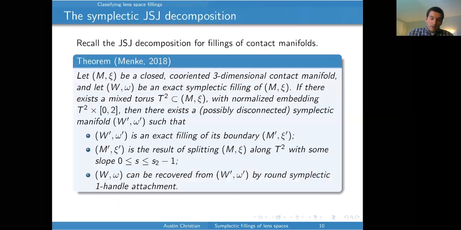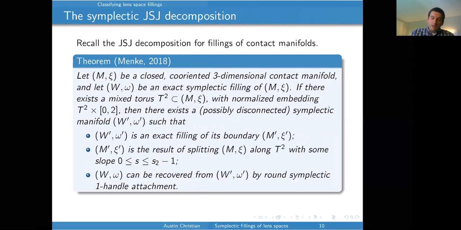Okay, so let's recall what this symplectic JSJ decomposition is. So it tells us that if we can find a mixed torus in our contact 3 manifold, then we identify a normalized embedding for it, which has slopes -1, infinity, and s2.